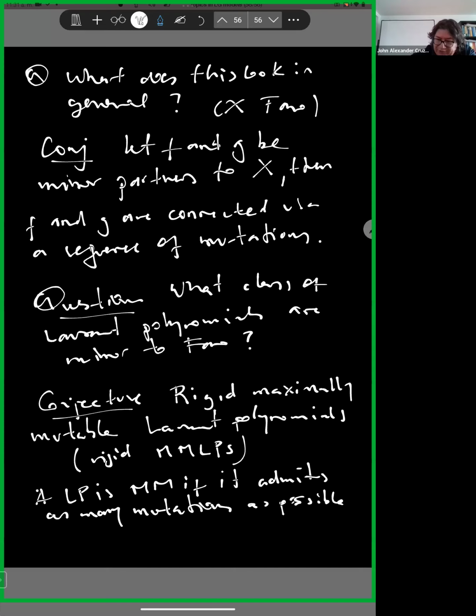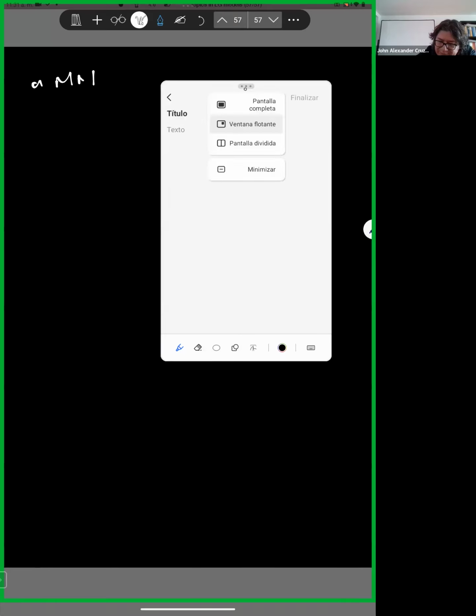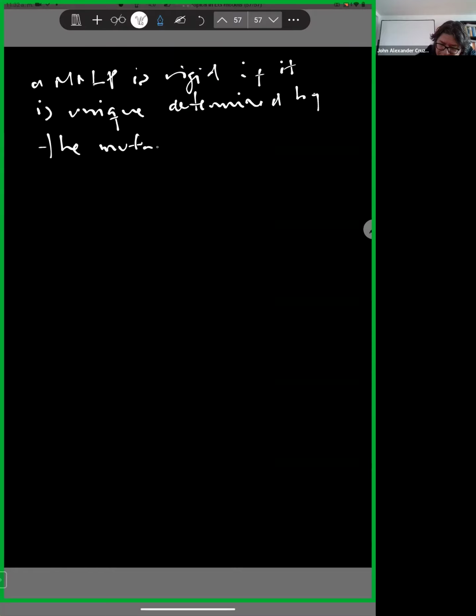And a maximally mutable Laurent polynomial is rigid if it is uniquely determined by the mutations that it admits.